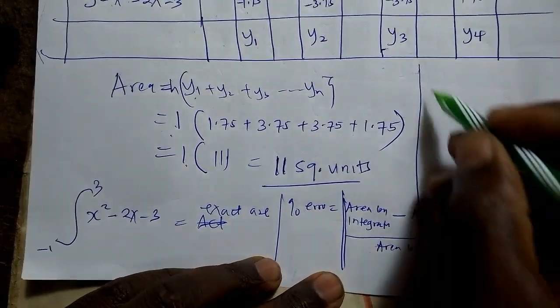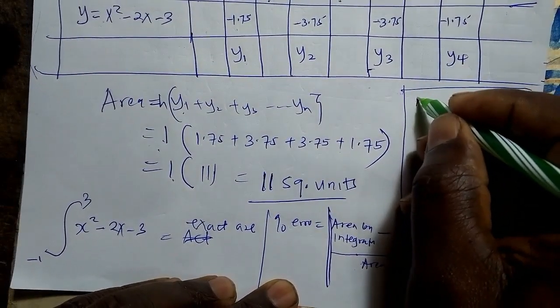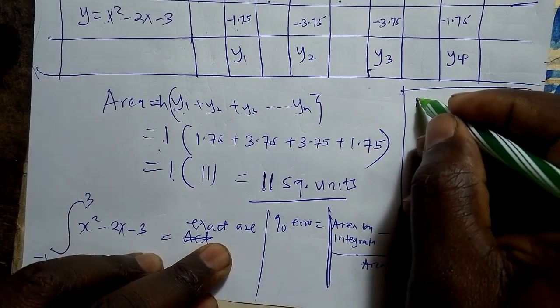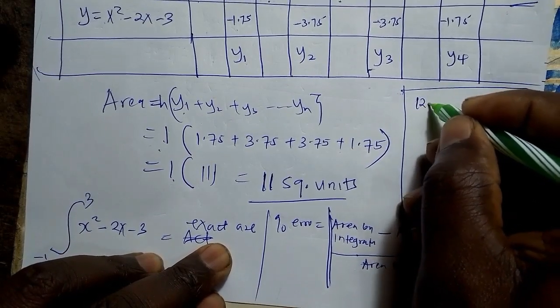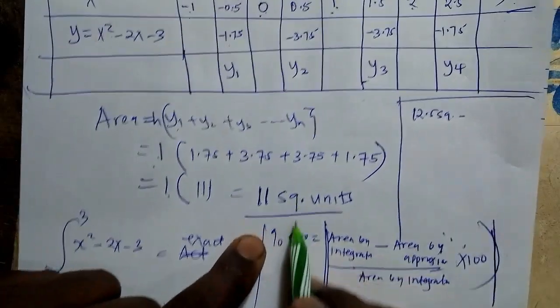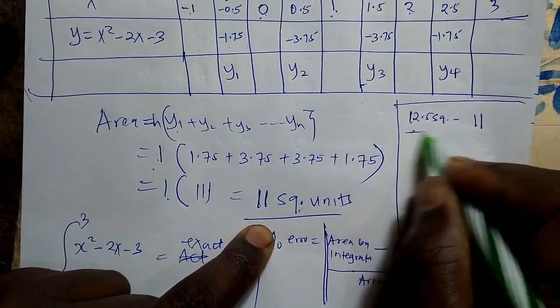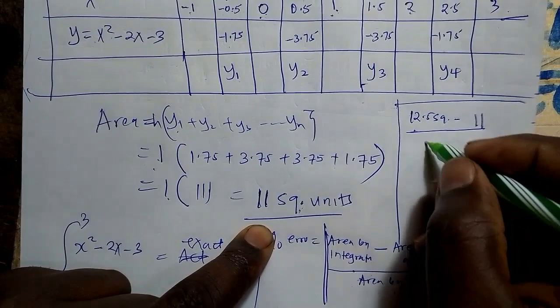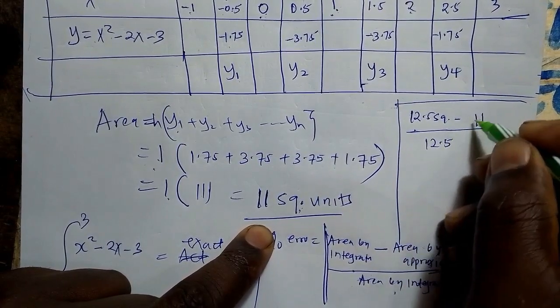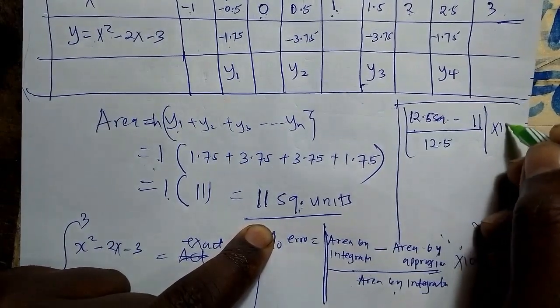So for example, let me assume the area for integration ilikuwa, the exact area is 12.5 square units. The area by mid ordinate nimepata ni 11. So it is this minus this divided by the original, which is 12.5, and then absolute times 100.